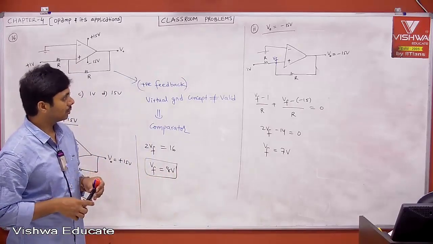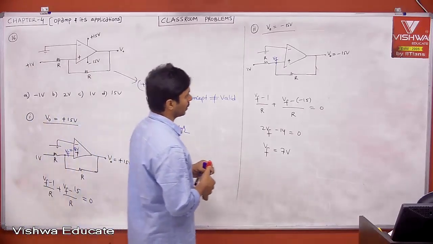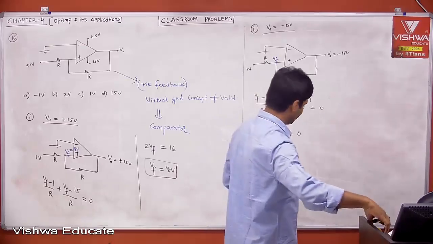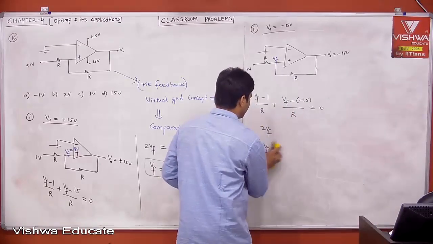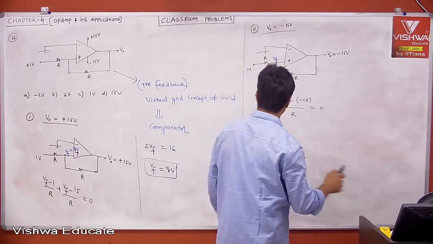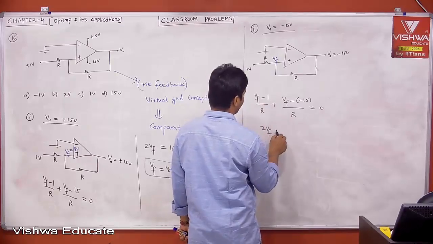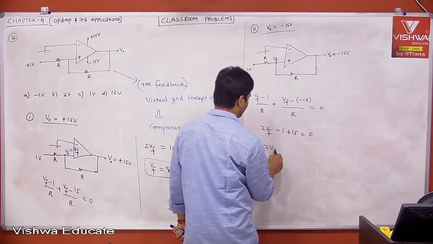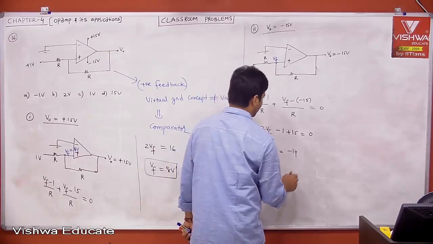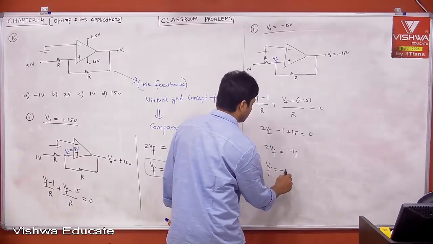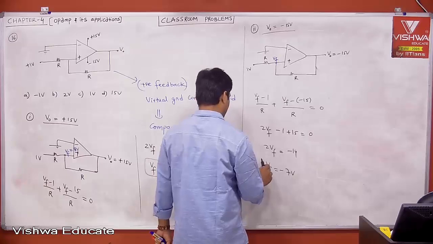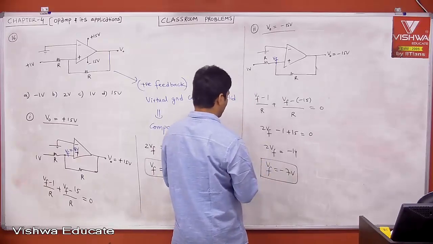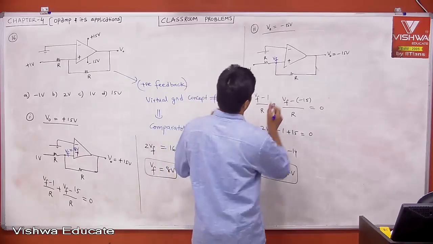Am I correct? Not correct. That's why, to not make any silly mistake, it's better to be careful. Therefore 2Vf minus 1 plus 15 is equal to 0. Therefore 2Vf is equal to minus 14. Then Vf is equal to minus 7 volt, right?